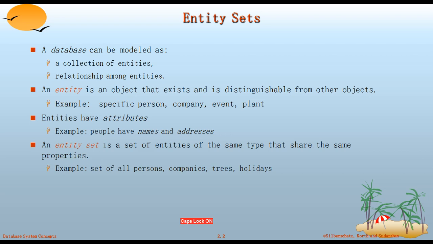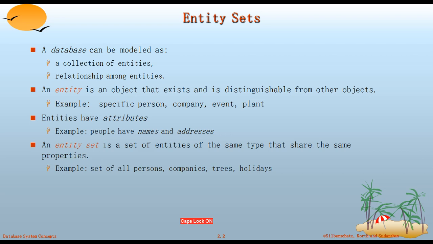Entities will have a set of attributes. For example, people have names, addresses, contact numbers, and so on. These are the attributes of the people entity. An entity set is a set of entities of the same type that share the same properties.